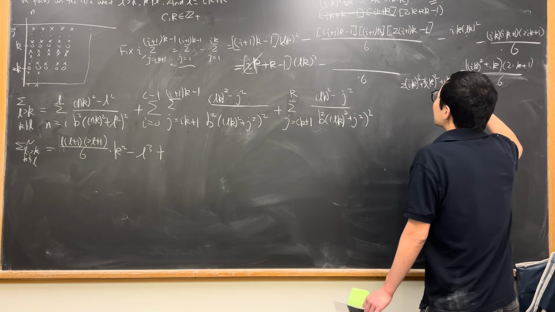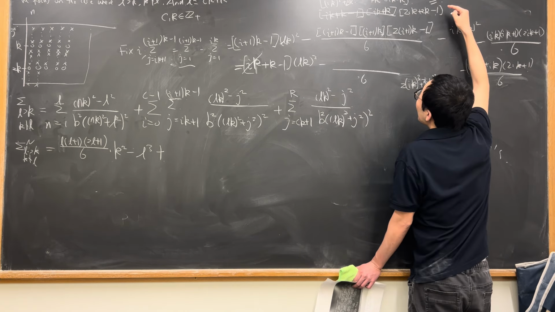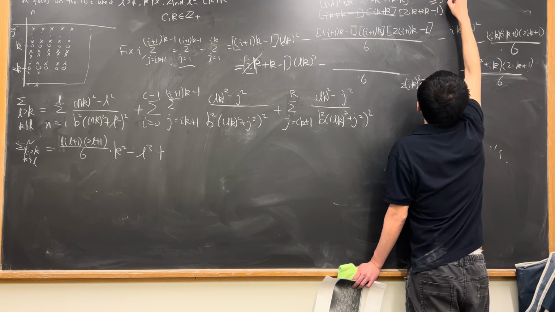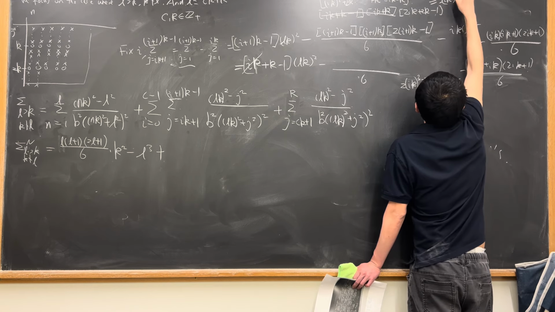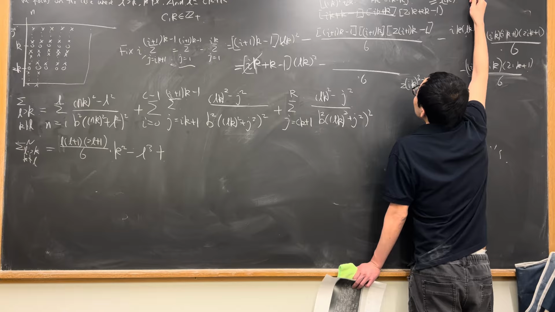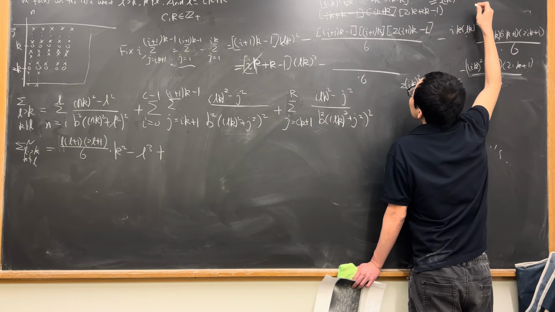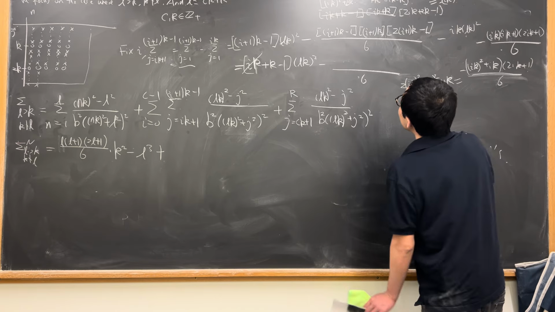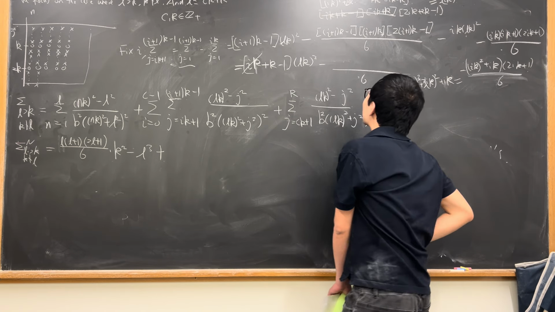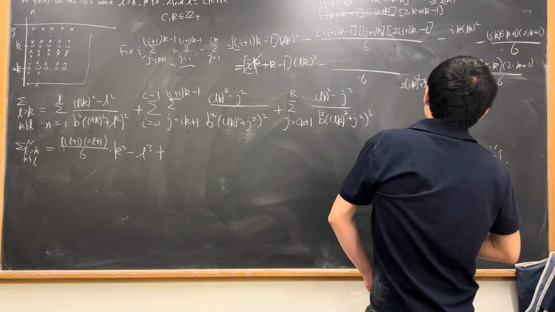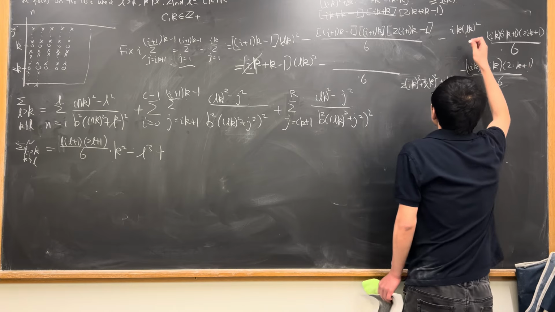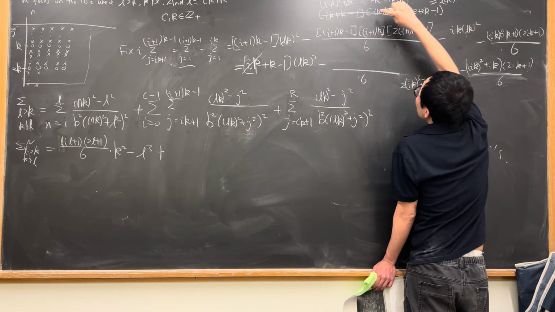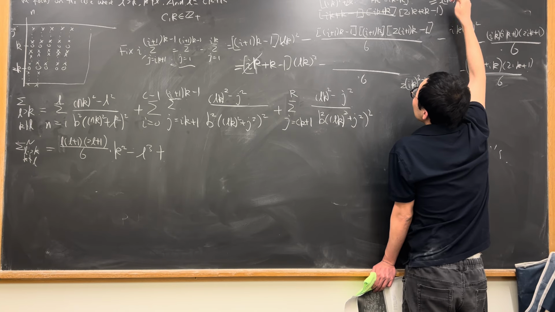So I will have 3ik squared. 3ik cubed, and then cubed, and then we have that this is 2ik, wait.